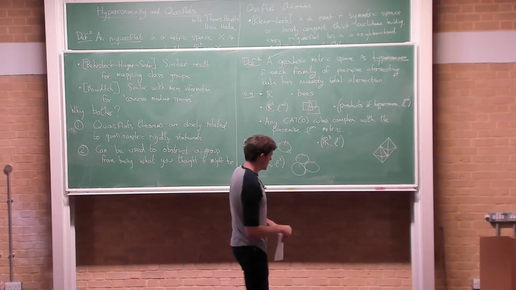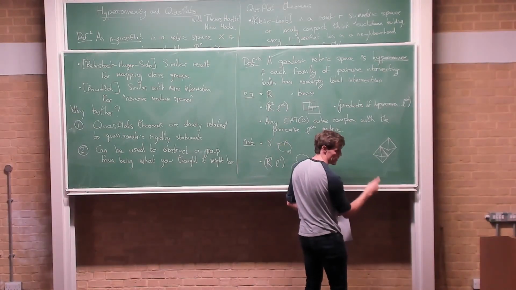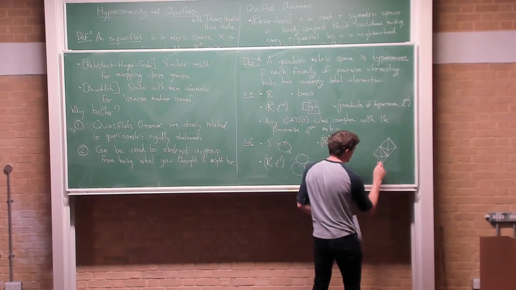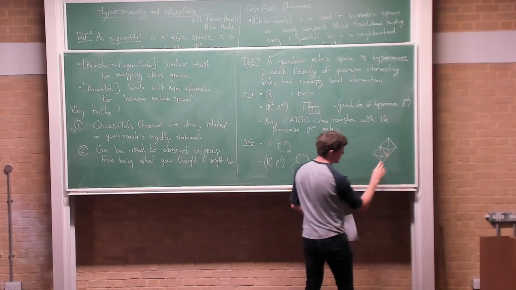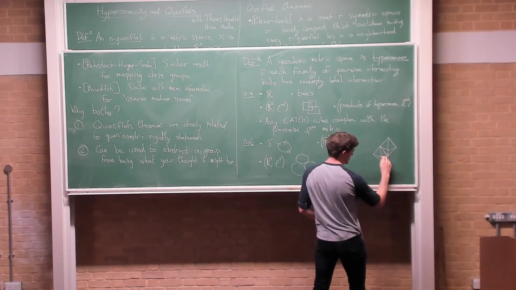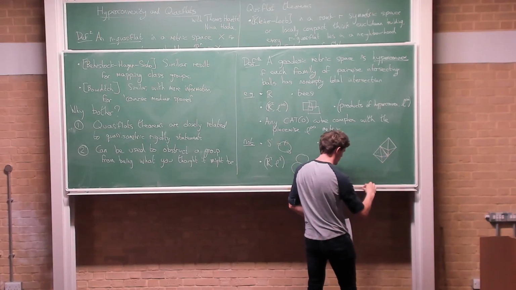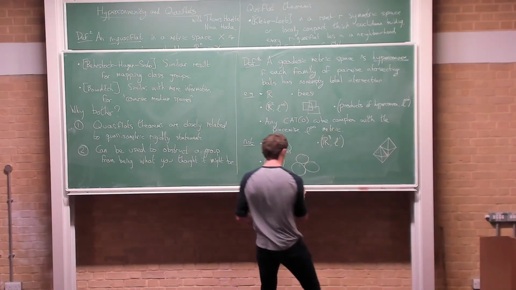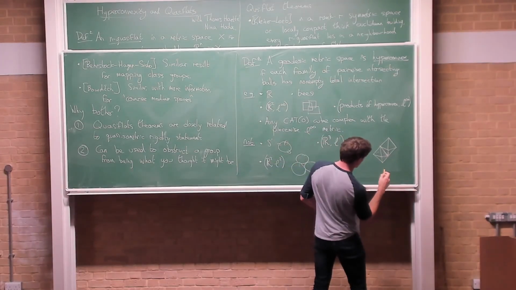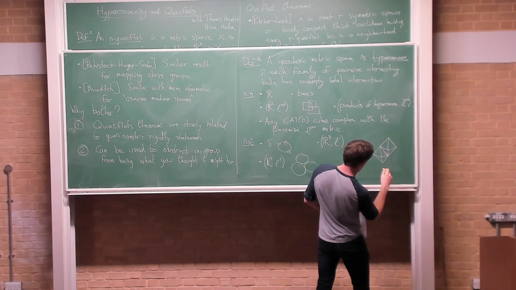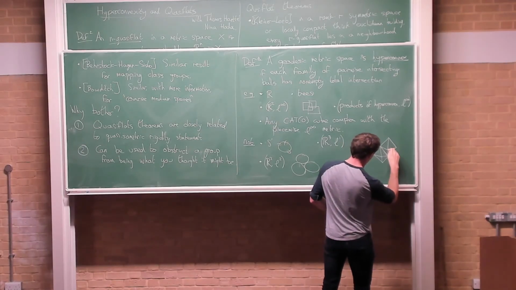Okay. Now I'm going to do another one, and now it's going to get really hard to understand what's going on. And it intersects the first one along that, and intersects the second one along that. Maybe it should be a different color. So it goes like this.